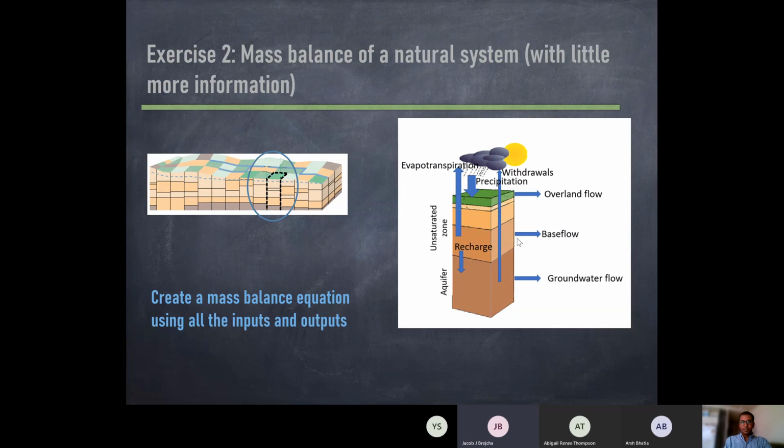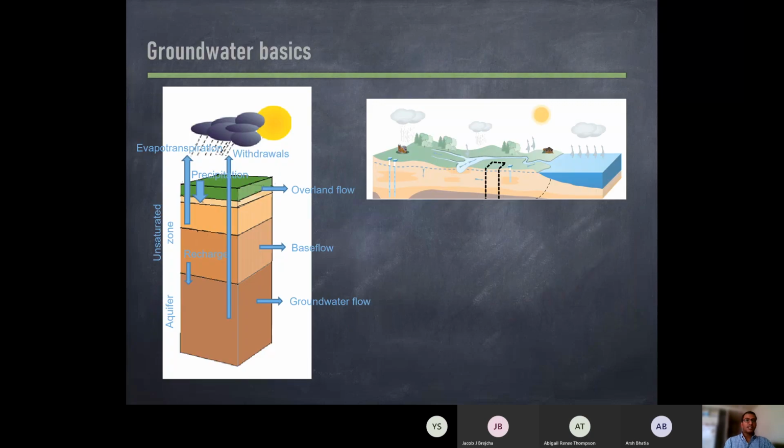Would you include the recharge rate in the outflow? The output, sorry. Okay, let me try to go back to the illustration. So recharge would be part of precipitation, right?